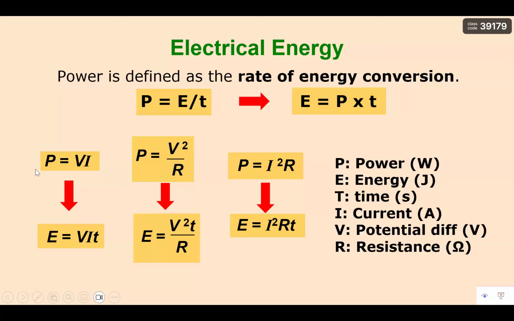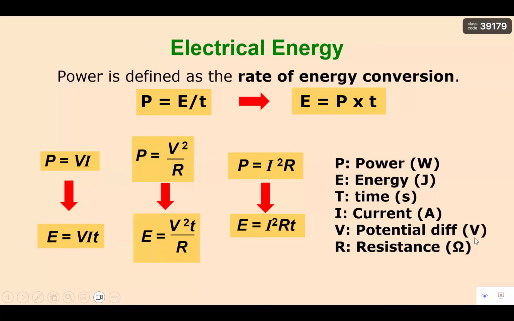But sometimes I'm not interested in calculating power. I'm interested more in the amount of energy being used. And you know, energy is power times time, PT. So in terms of energy, I just multiply everything by the time. So energy equals VIT, energy equals V squared over R times T, and energy equals I squared RT.